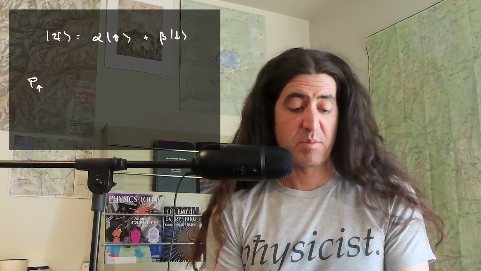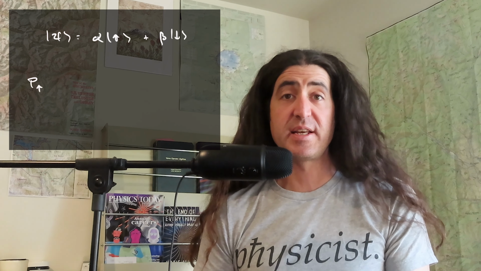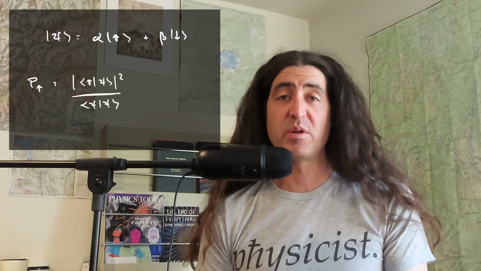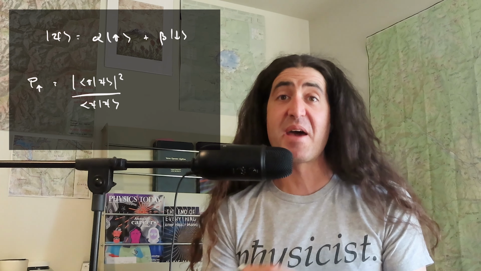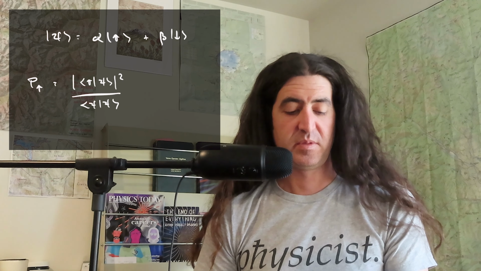What we're interested in is the probability of finding the particle in the up configuration, given that it's in the state psi. And we gave as a definition that it's the absolute magnitude of up with psi squared divided by psi with psi. In other words, the inner product of psi with itself, the magnitude of the vector psi.